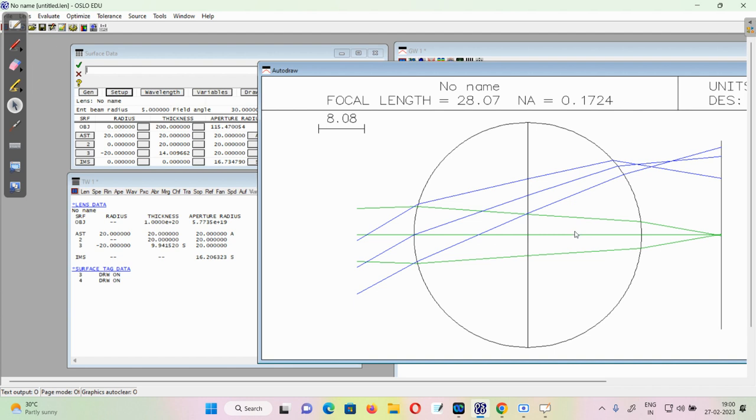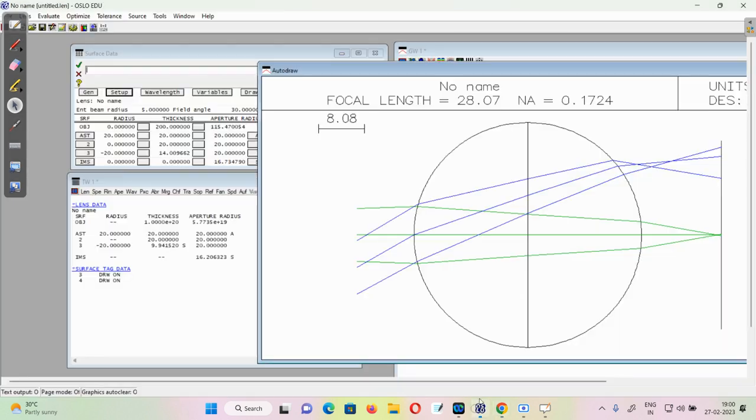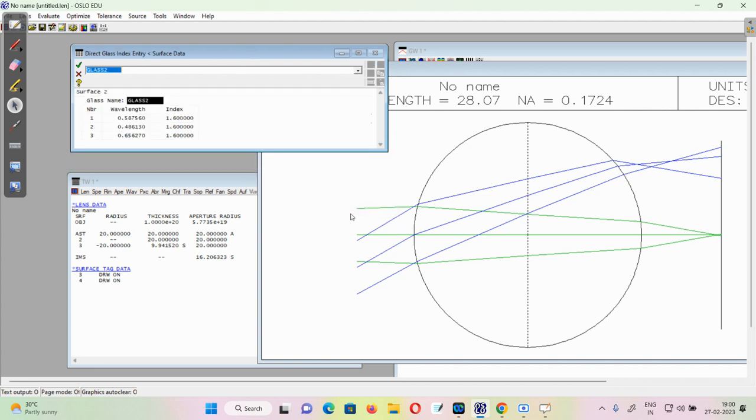Now the question is that I don't want these two surfaces. It's like a whole big sphere, so all the refractive index is equal to 1.5. So what I'll do is change that 1.6 glass to 1.5. This is my glass. It was 1.6, and I change it to 1.5.